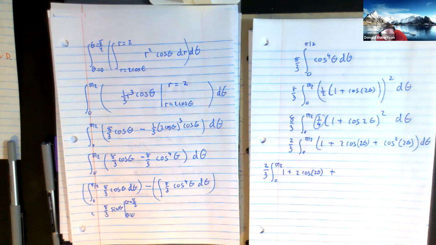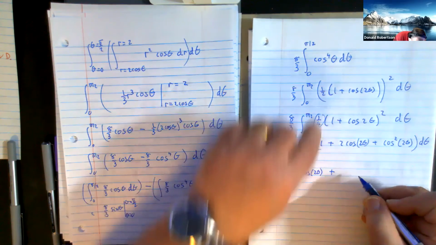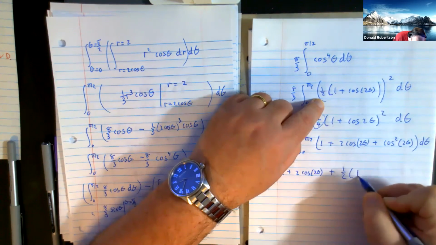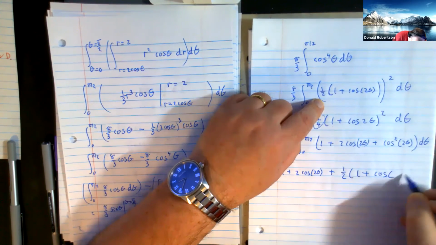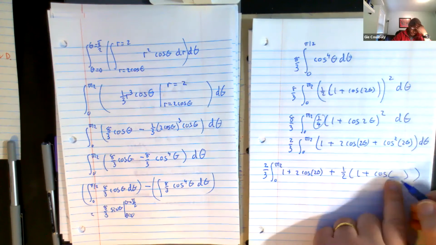Ah. What about cos squared 2 theta? I need to figure out something to turn it into, don't I? The same thing, with an adaptation. It's 1/2 of 1 plus the cosine of how many theta? 4. 4.